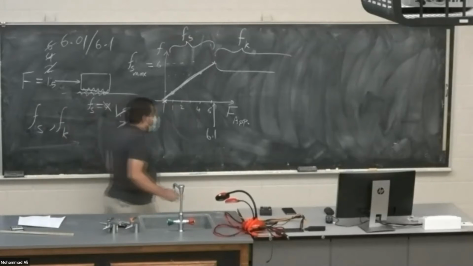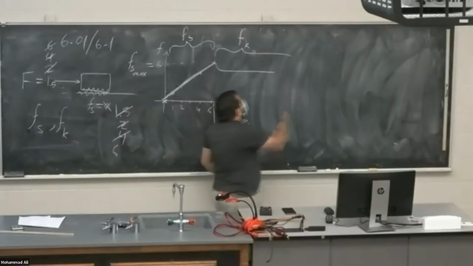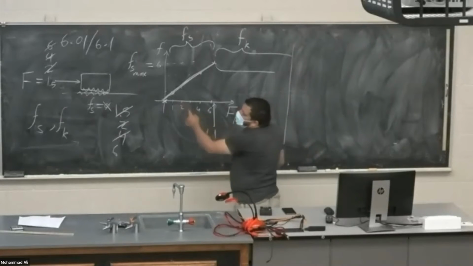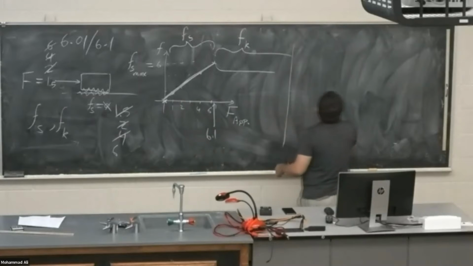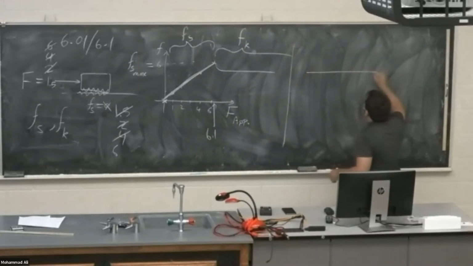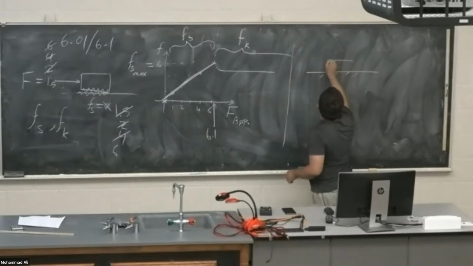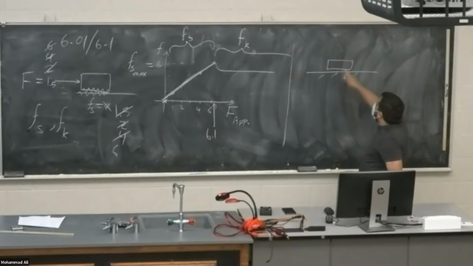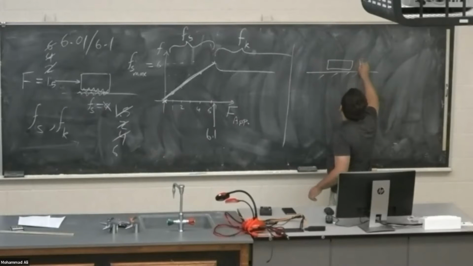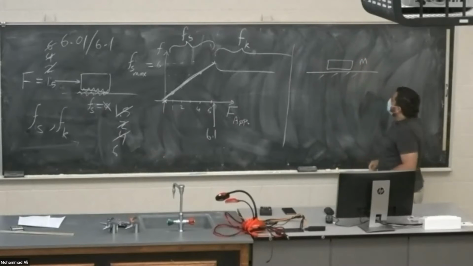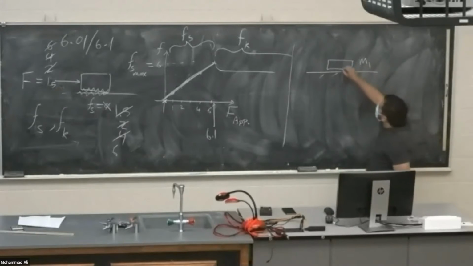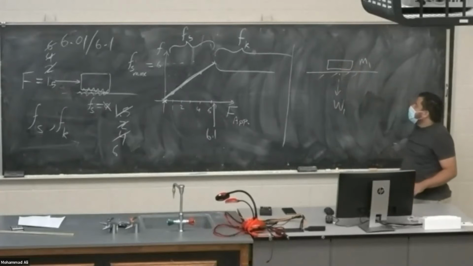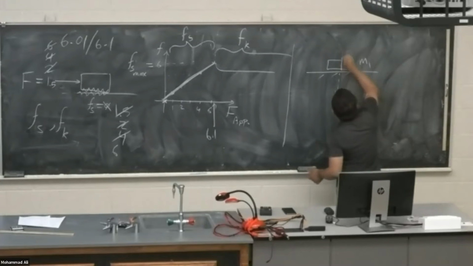Okay. For this box, I'll put an example here. Assume now we have this mass, M1. It has its weight W1. Because of that, it has a normal force, N1.